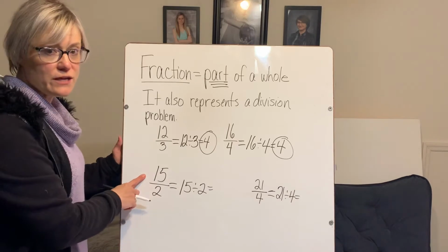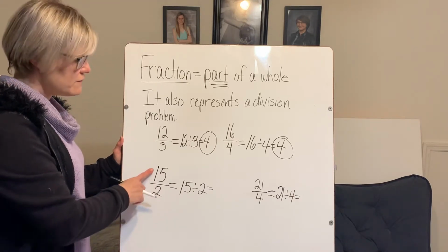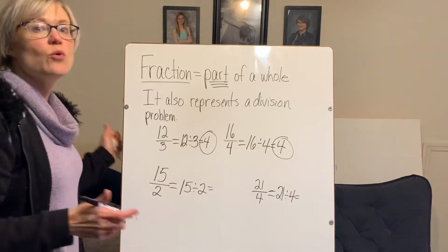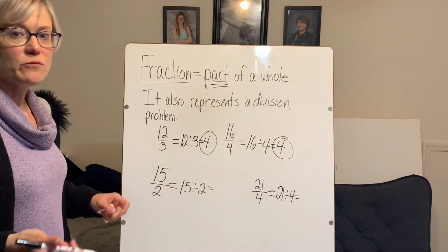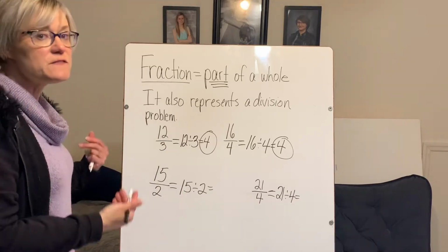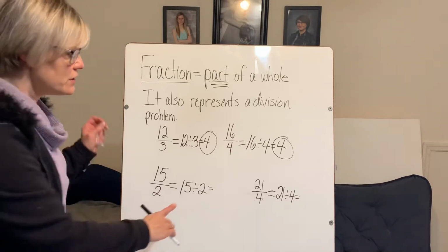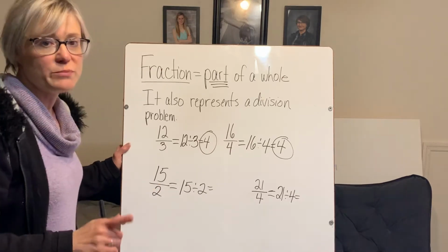Now, when we go down here, 15 halves. 15 divided by 2. Well, right away, I know from my divisibility rules that since 15 is an odd number, it's not going to evenly go into 2. So 15 divided by 2, there will be a remainder.